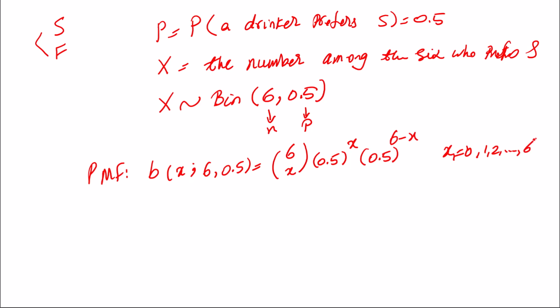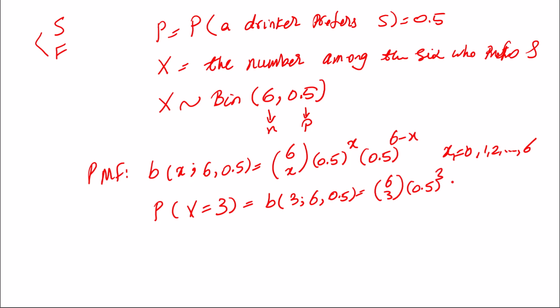Then the probability that exactly 3 prefer S, we write probability of x is equal to 3 equal to binomial of 3; 6 and 0.5, which is equal to combination of 6 and 3, 0.5 in power of 3, 0.5 in power of 3. So we will calculate this combination, right? How we calculate: 6 factorial divided by 3 factorial, 6 minus 3 factorial, right?